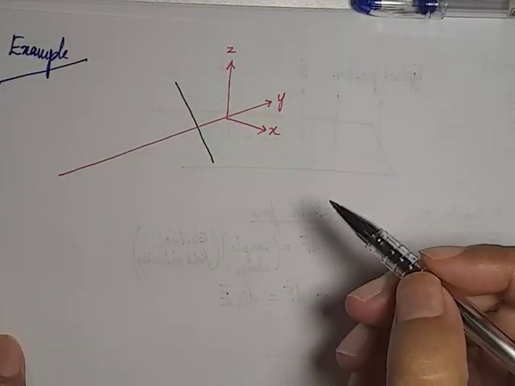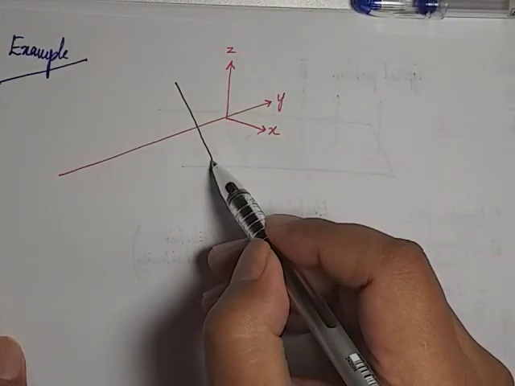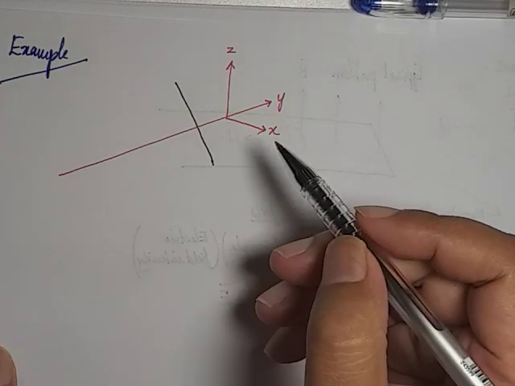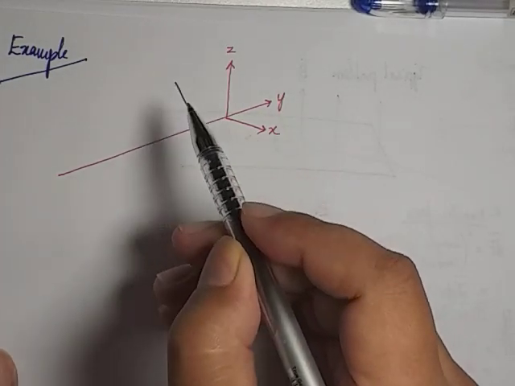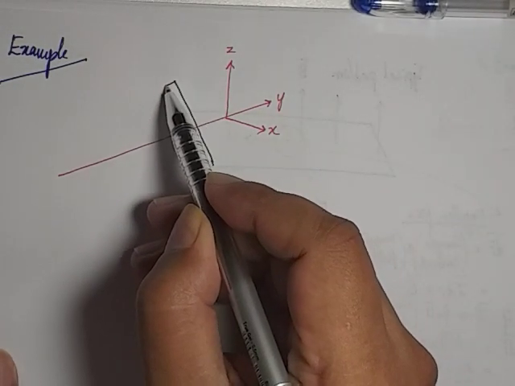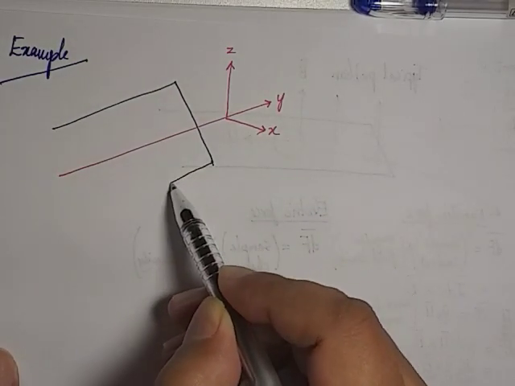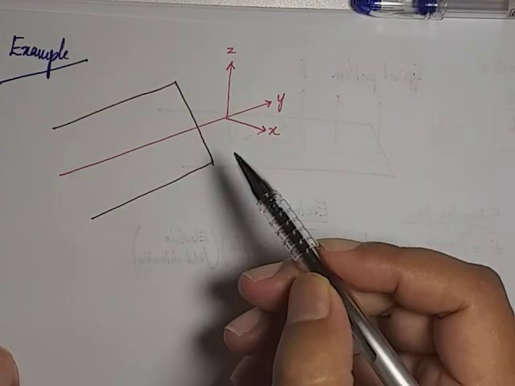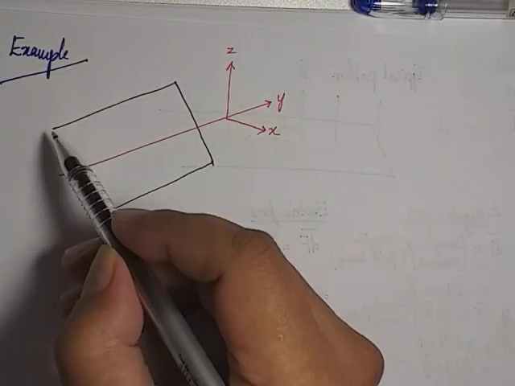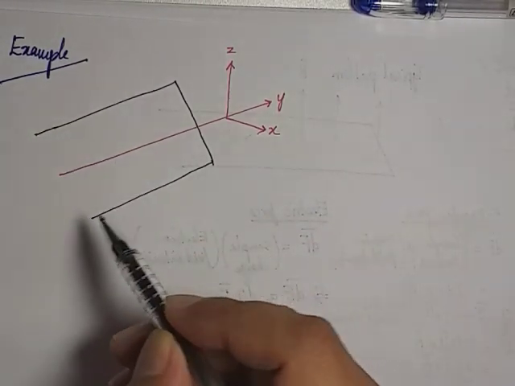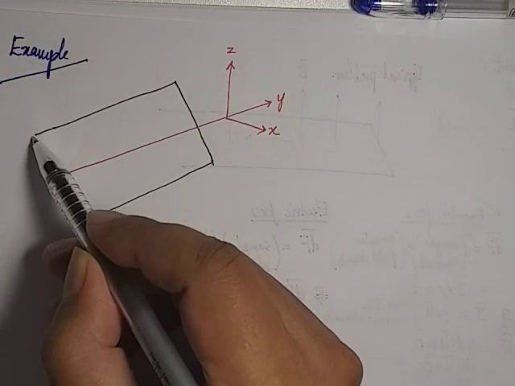Since the problem is very simple, we're going to assume the number of turns here is only one. Practically, no, it's going to be more than one, maybe 1,000 or more. The more the number of turns, the more current you will create in the generator. So this is part of the blade.